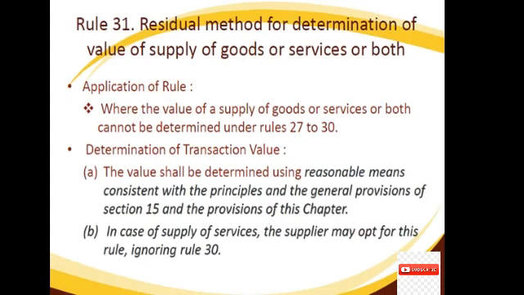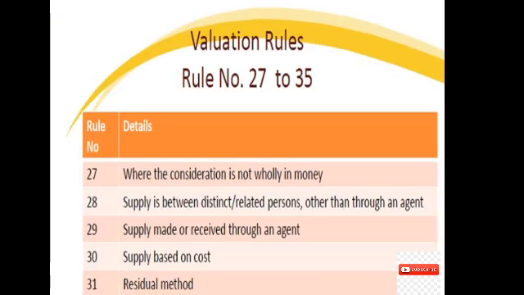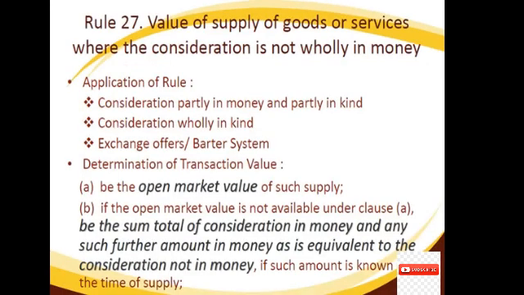So, I am repeating and explaining the entire rules again. We have covered Rule 25, Rule 27 to Rule 31. Rule 27 says where it is not possible to find out the total consideration value, then in that scenario you have 5 options. You can take the open market value.